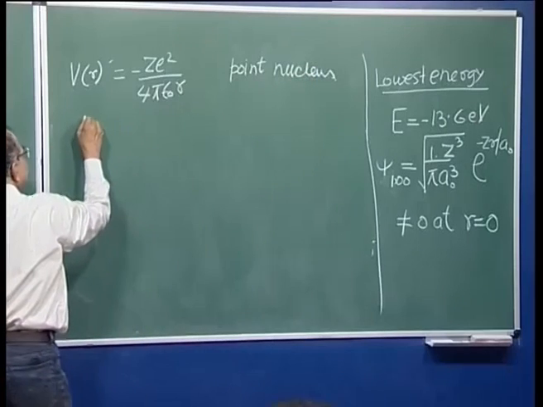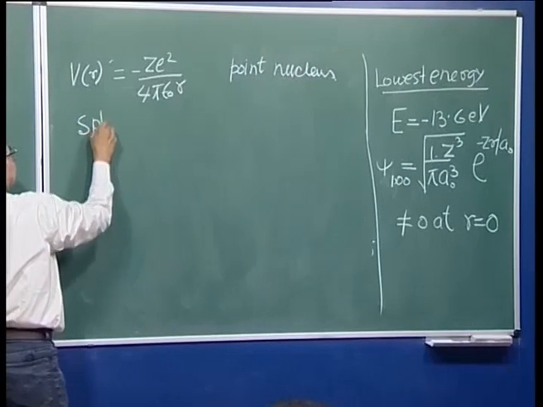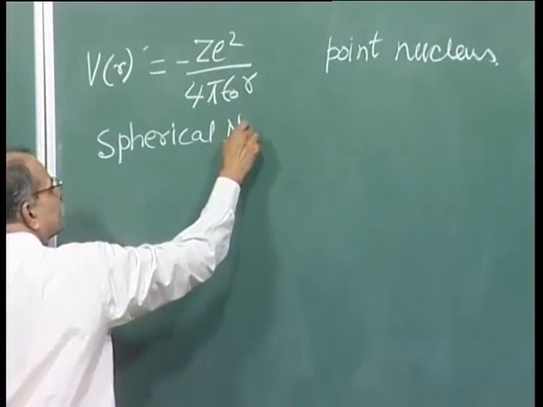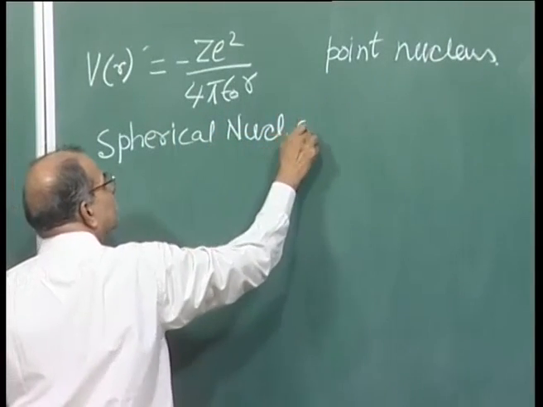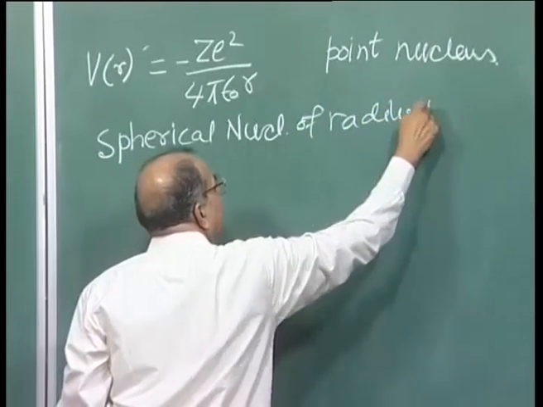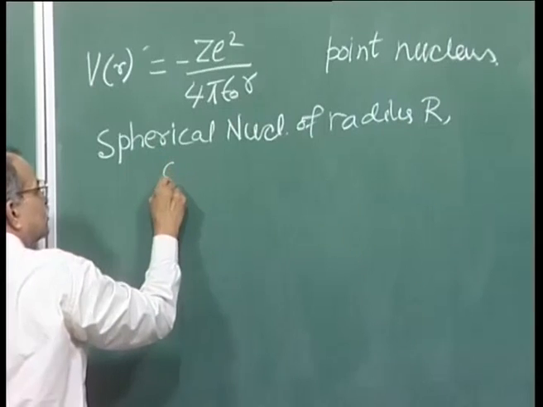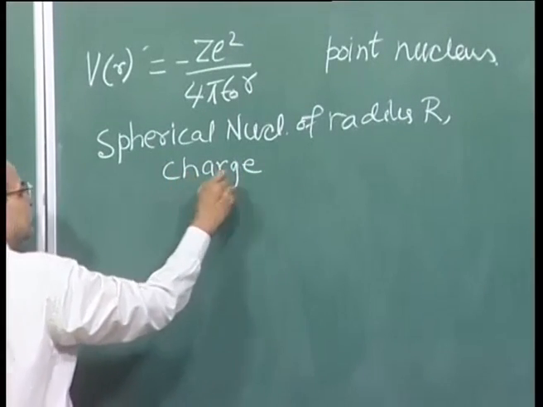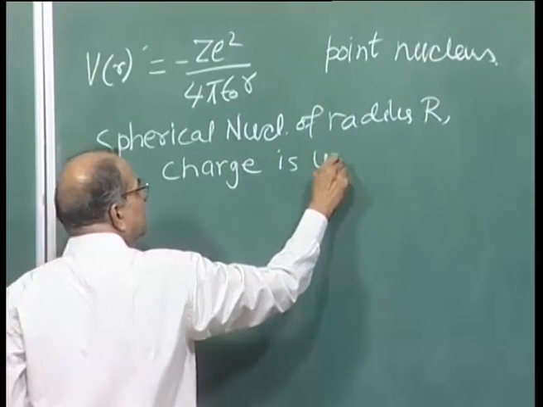Now, assume that it is a spherical nucleus of radius R, and the charge is uniformly distributed. Let us make all these assumptions to get an estimate.